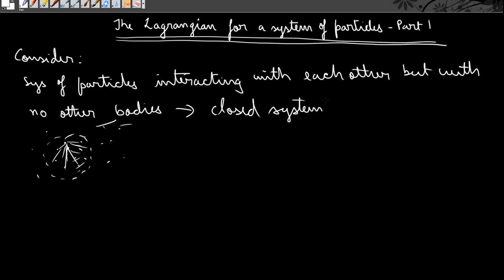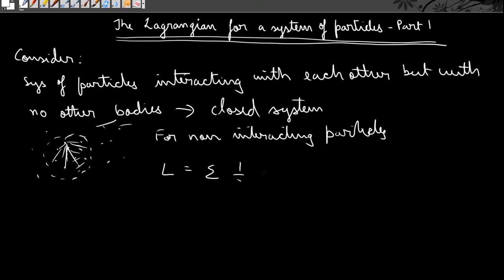Okay, and we have already seen from our previous lecture that for non-interacting particles, the Lagrangian was given by the sum of half m v squared, where v is the magnitude of the velocity of each of the particles, and the summation comes from the additive property of the Lagrangian, which we have also seen in one of the previous lectures.